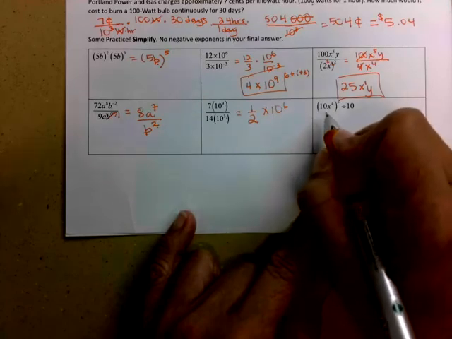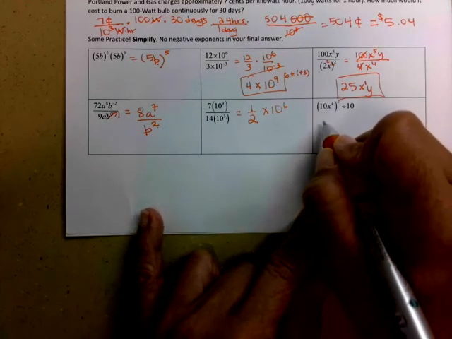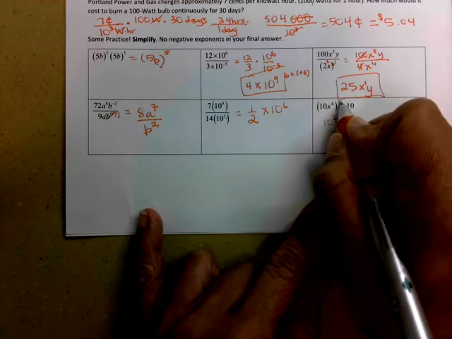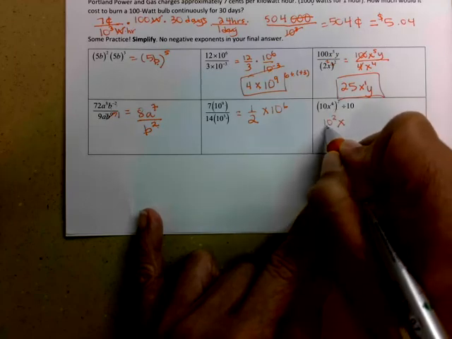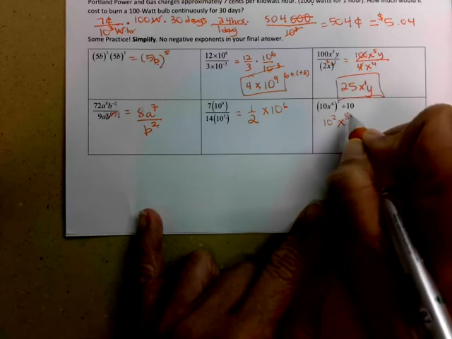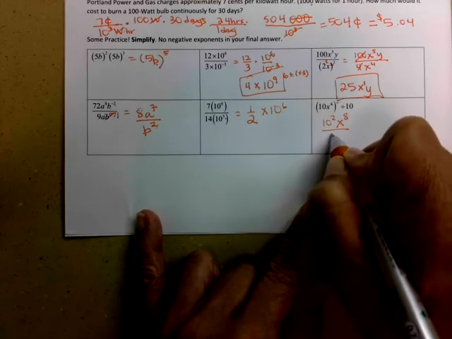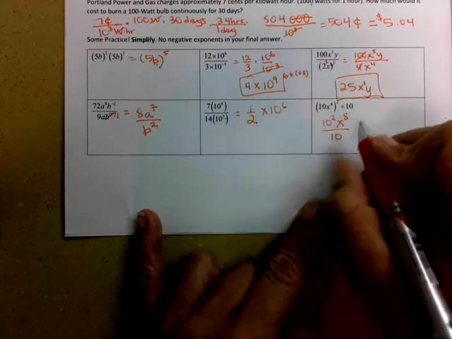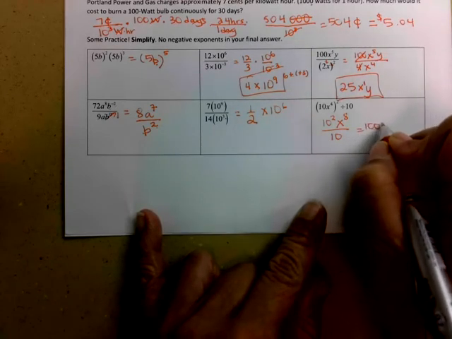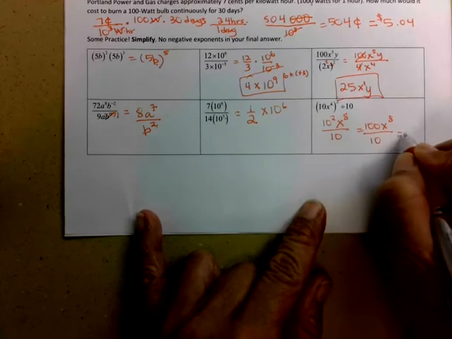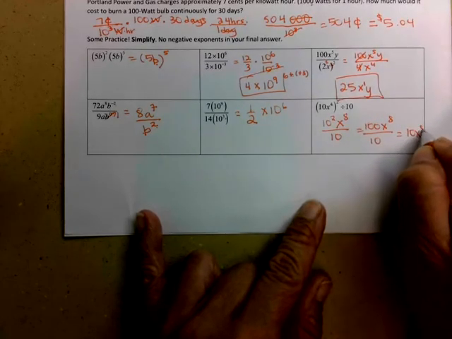Okay, let's do this right parentheses first. So 10x to the 4th squared, that's 10 squared times, and then powers to powers we multiply. So 10 squared x to the 8th divided by, I'll put it as a fraction, 10. So 100 x to the 8th divided by 10 is 10 x to the 8th.